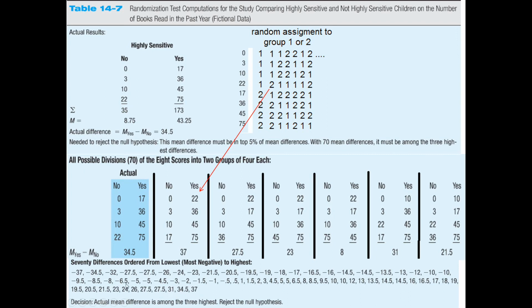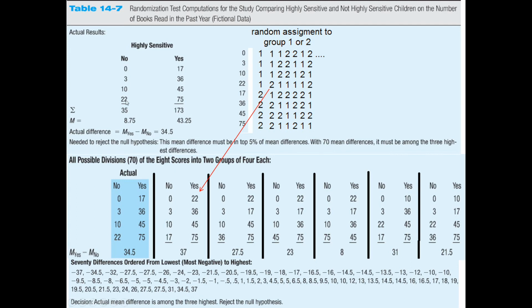So it is above the top 5% of this distribution. So we can say that this is a significant difference between those groups.